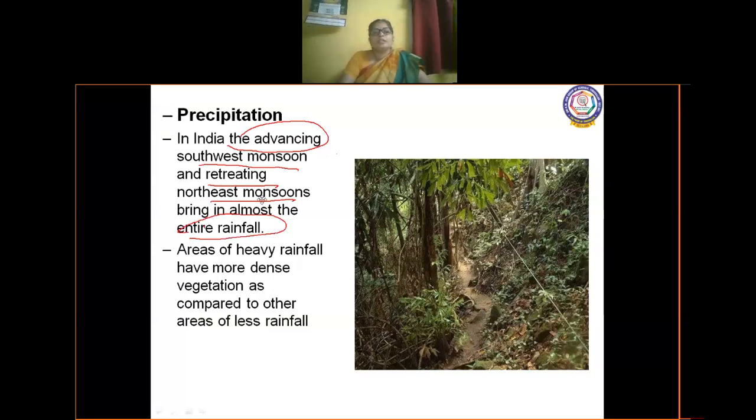So you can see that in the northeast of India and in the southwest, in the Kerala and Karnataka area, you have equatorial forest. So areas of heavy rainfall have dense vegetation, and less rainfall areas have less dense forests. Okay, so I think you have understood here.